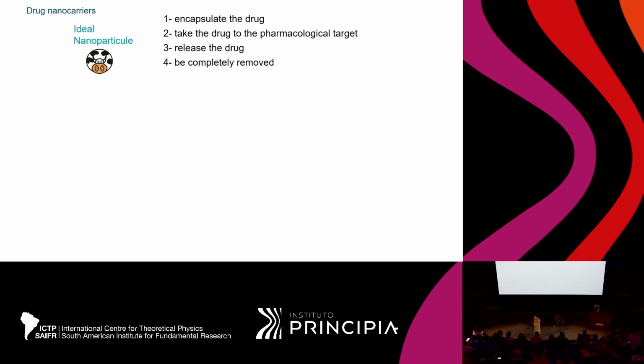But the ideal nanoparticle should encapsulate the drug, take the drug to the pharmacological target, release the drug, slowly or fast depending on the case, be completely removed, and not be toxic. Which is the ideal nanoparticle will depend on each particular problem.